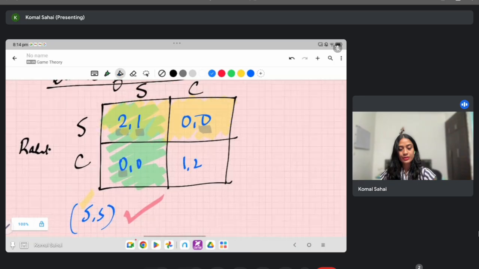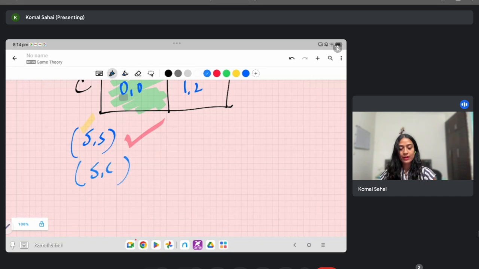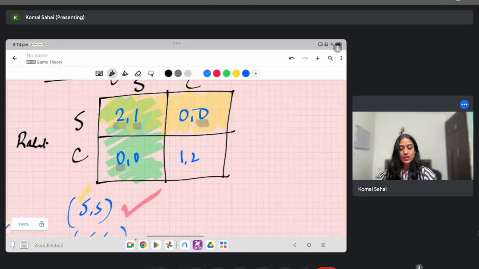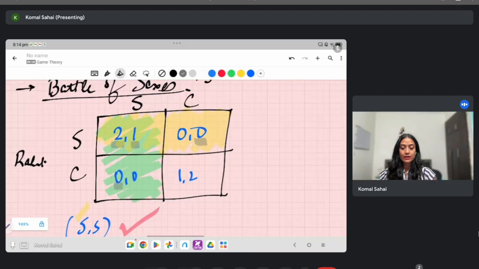The other option is here S, C. One is going to clubbing, one is going to stand up, right? So S, C, again let us look at the case from the point of view of player 1, right? So we have that player 2 is going clubbing. So player 2 is going clubbing, that means this is where we are.